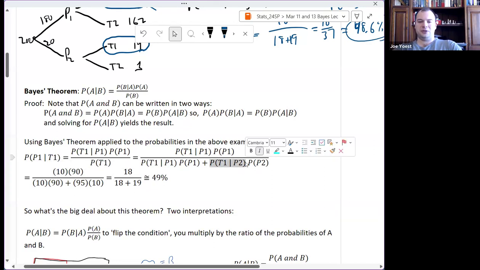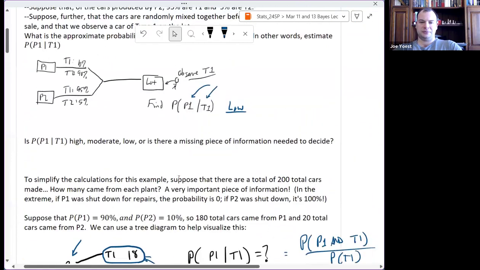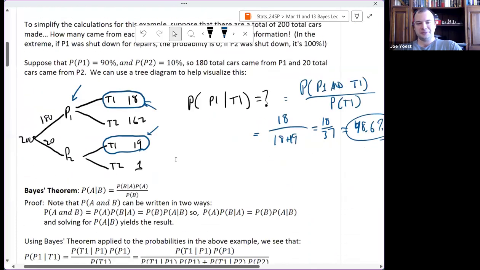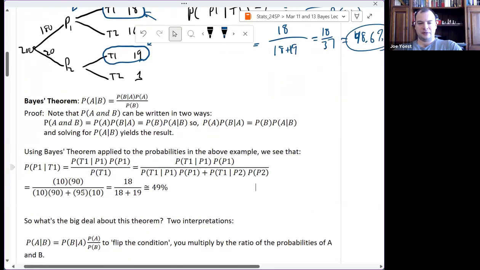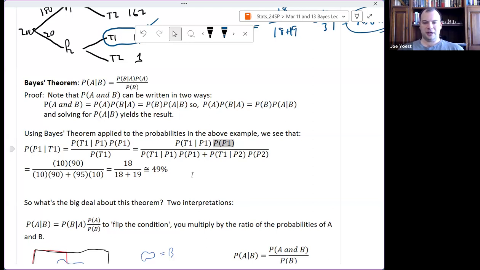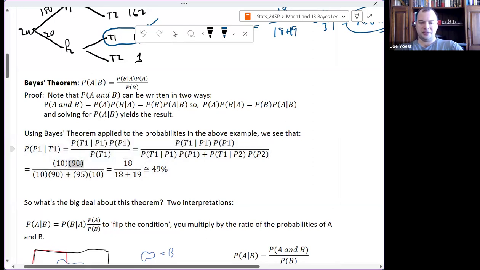Given that a car came from plant 2, what's the probability that it's a type 1 car? 95%. And then what's the overall probability of plant 1? If I didn't sort them based on car type, if I just looked at a random car in the car lot, what's the probability that car is from plant 1? 90% here as well.